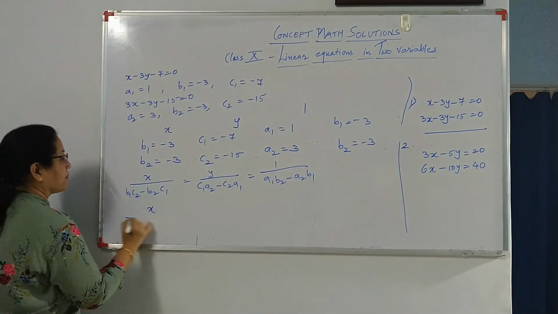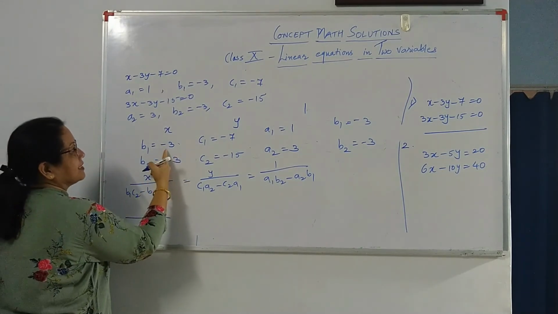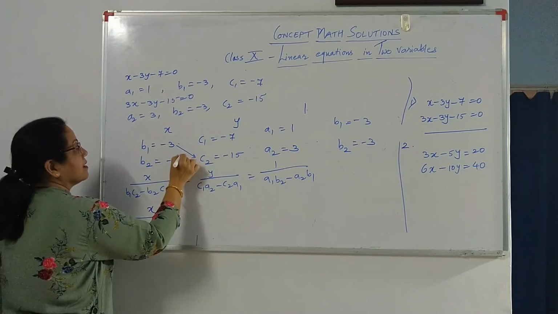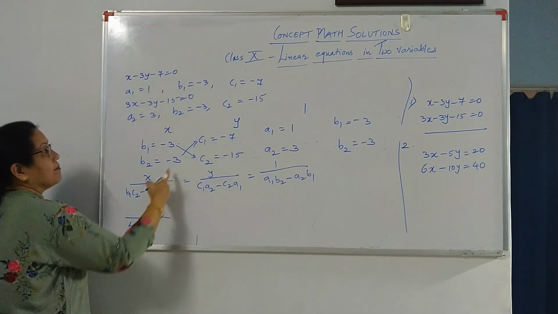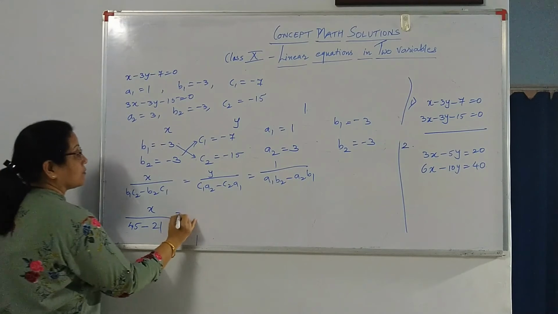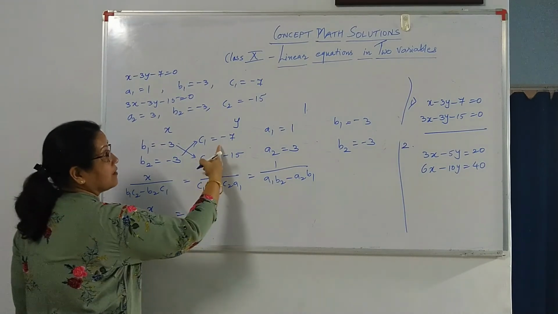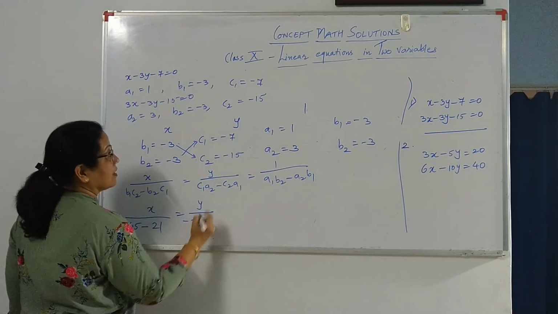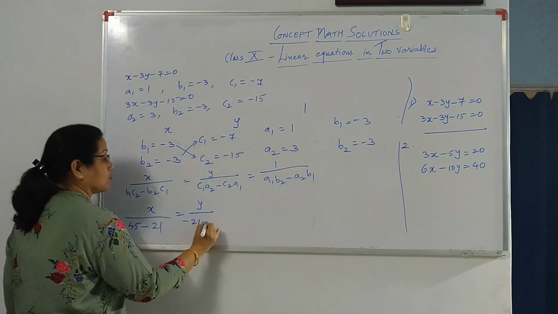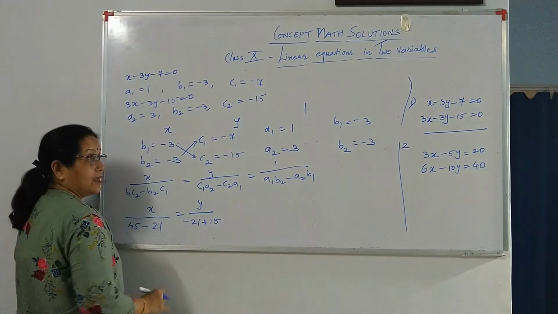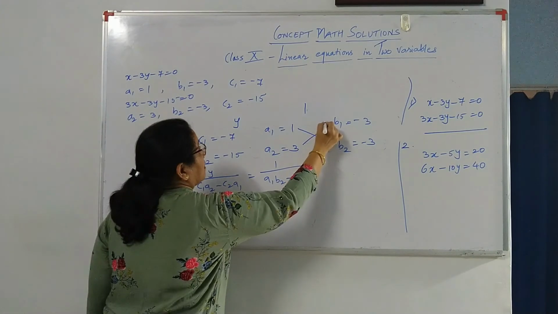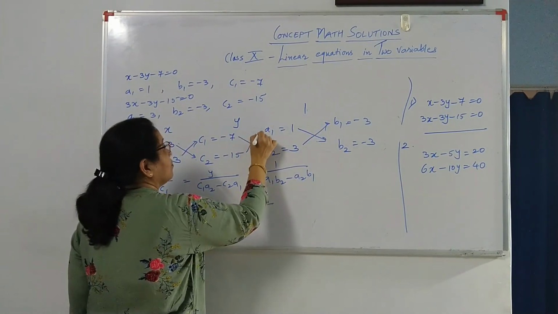So you have x upon b1 c2, minus 3 into minus 15, 45, minus 3 into minus 7, plus 21, is equal to y upon c1 a2, minus 21, minus 15 into 1, minus 15, and this minus, so plus 15, that's equal to 1 upon a1 b2 minus a2 b1.